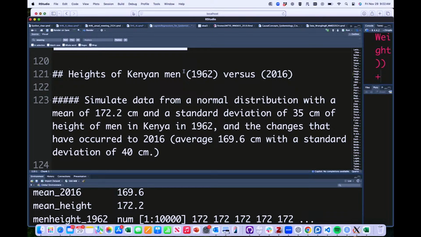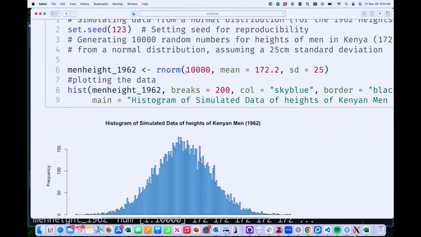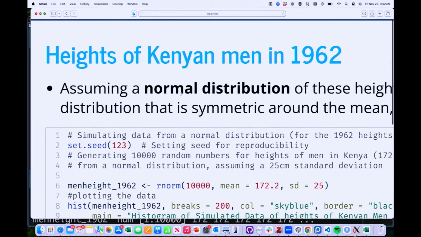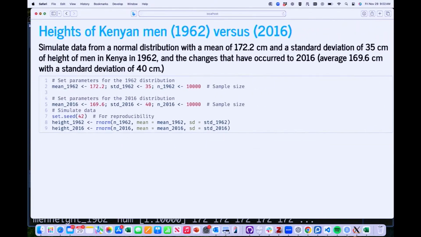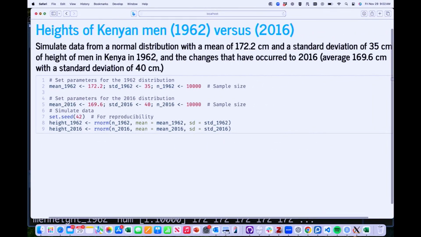We also have information about 2016. So in this case, we want to simulate some data, again from a normal distribution with a mean of 172.2 and a standard deviation of, say, 35 centimeters of height of men in 1962, and the changes that have occurred in the current 2016 era, where the average height is 169.6.